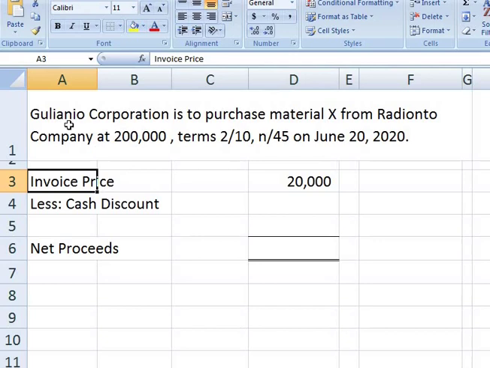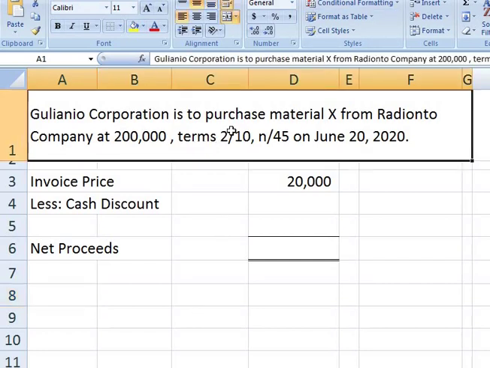Now, when we talk about cash discount, class, we have to be familiar with some credit terms, or shall I say discount terms that are commonly used in the industry. So for example dito sa problem natin, sabi niya 2/10, n/45.